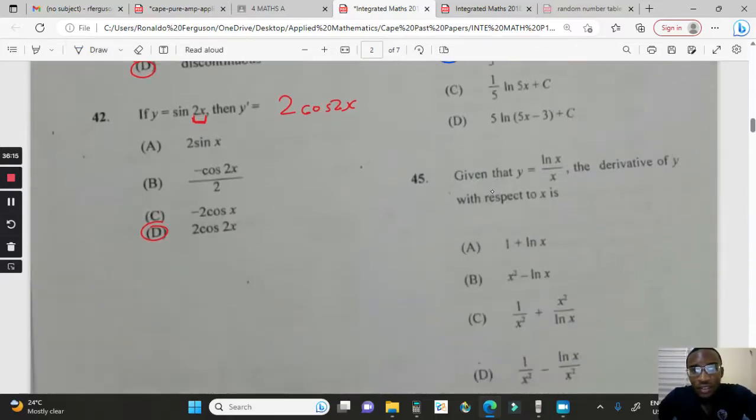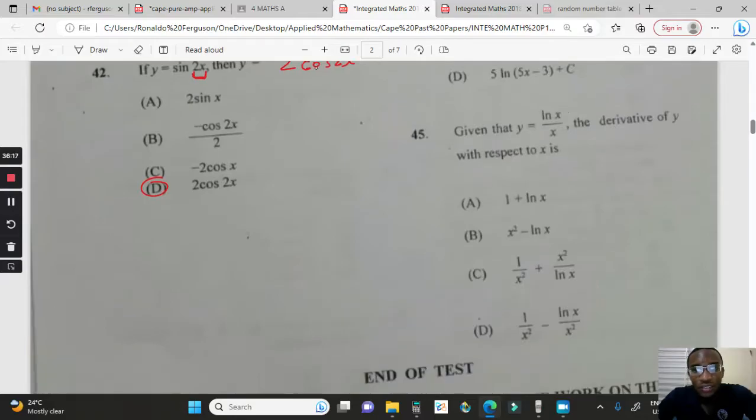Question 45 now. Find the derivative of this. We're going to use quotient rule. Quotient rule tells us you start with the bottom times the derivative of the top, minus the top times the derivative of the bottom, over the bottom squared. That's quotient rule. So the derivative is x times 1 over x is x, minus ln x, over x squared.